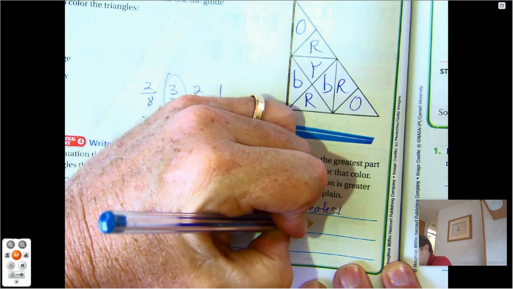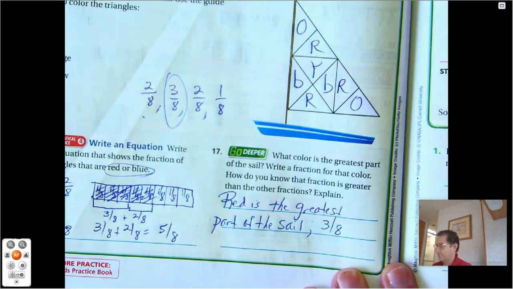Three-eighths is red. How do we know that that's the greatest?